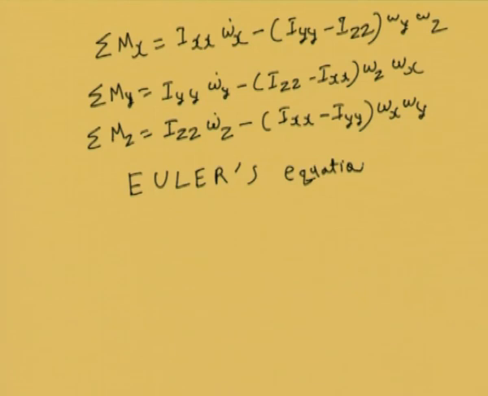So the reference point where the body axes are fixed is a point fixed in space, or it is the center of mass itself. So either you take a point in the body, either that point is the fixed point or that point is the center of mass.